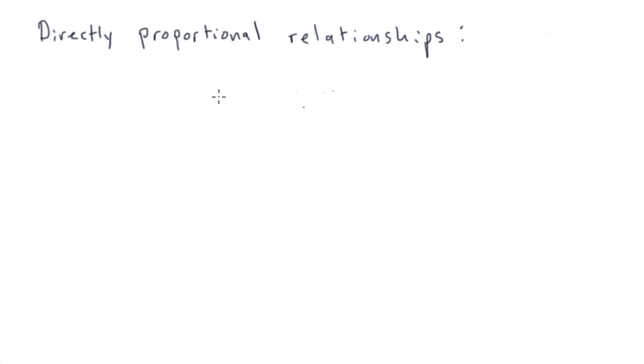So we have quantity 1, and we have quantity 2, and then we have a ratio. So the ratio of quantity 1 to quantity 2 is something like A to B. And from this ratio, we get an equation.